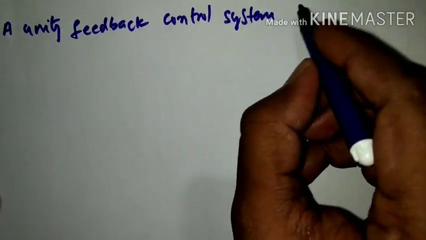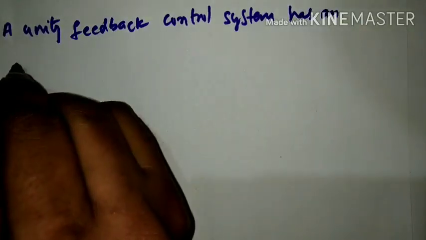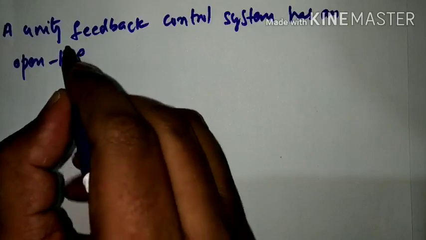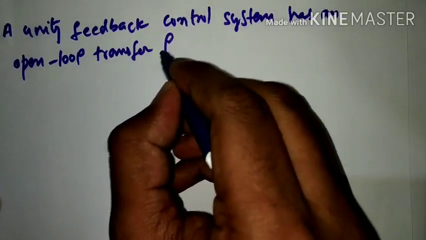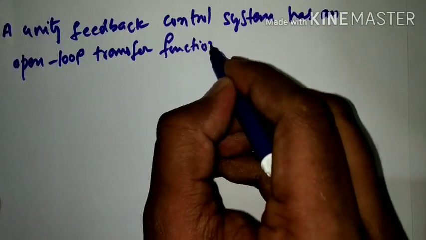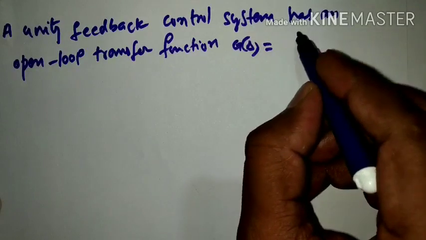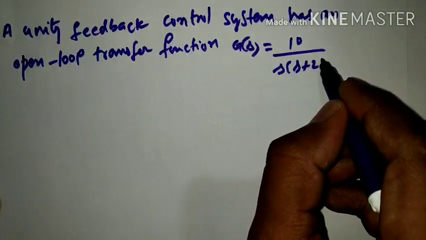It has an open loop transfer function G of s is equal to 10 by s into s plus 2.